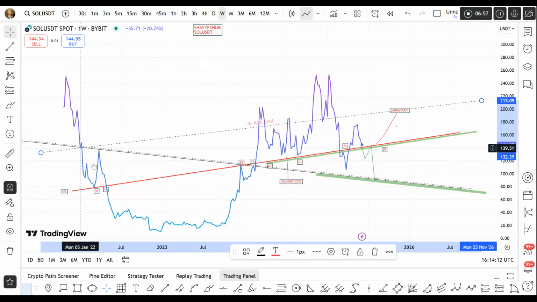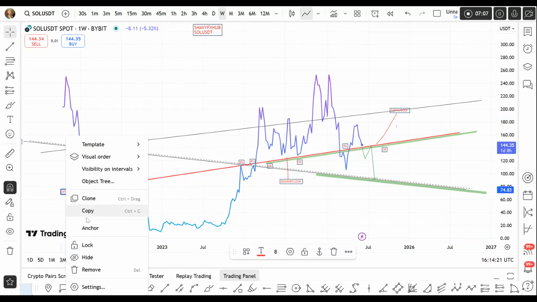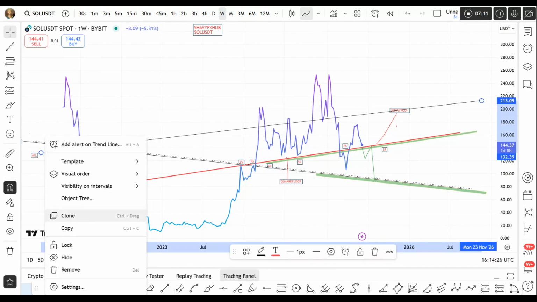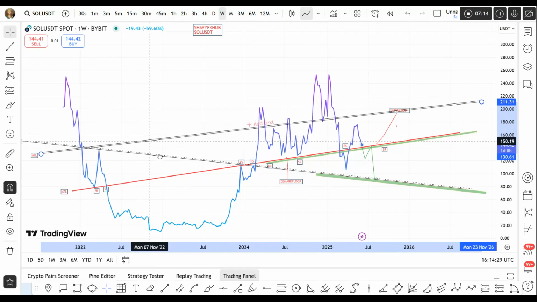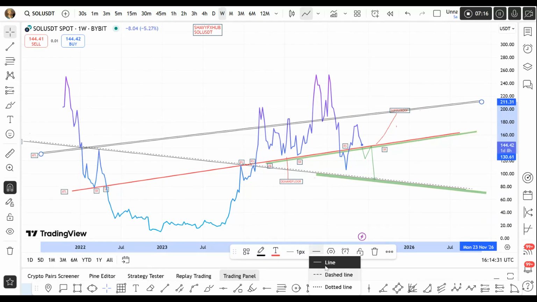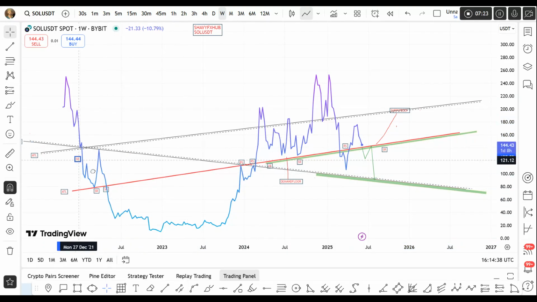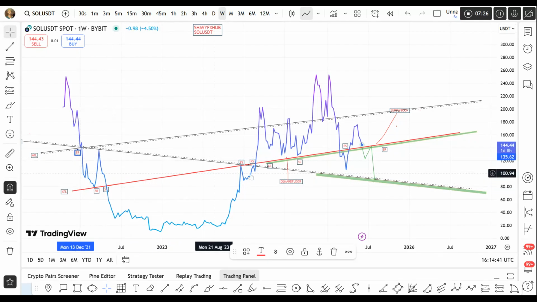We have here a support structure, break of a support structure, retest, giving you an ascending trend line, ATL. So the market must first of all create structure. It's an RS.